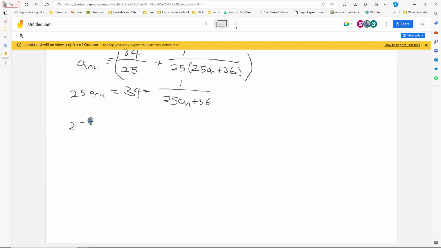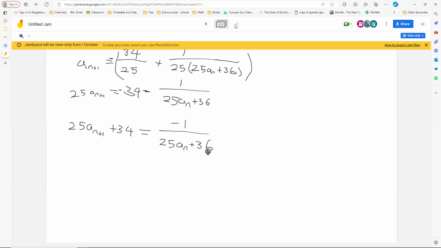And you have 25 an plus 1 plus 34 equals negative 1 over 25 an plus 36. And what you can really recognize now is that since we've got it in this form, these two expressions look pretty similar, right? 25 an plus 1 plus 34 and 25 an plus 36.